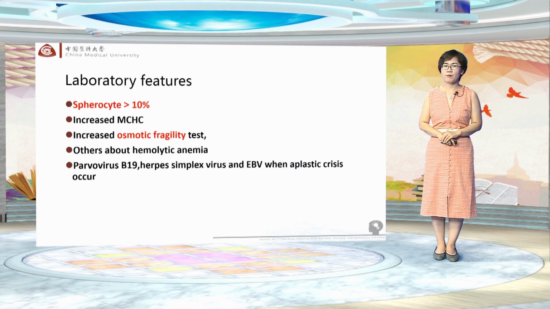Other findings of hemolytic anemia are positive, such as increased indirect bilirubin, reticulocytes, and so on. Parvovirus B19, herpes simplex virus, and EB virus should be detected when aplastic crisis occurs.